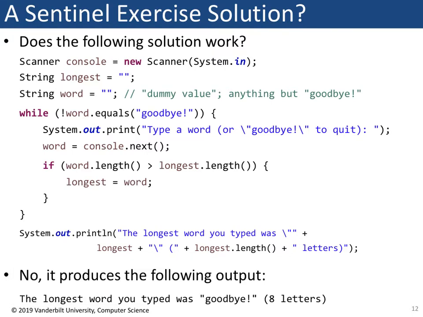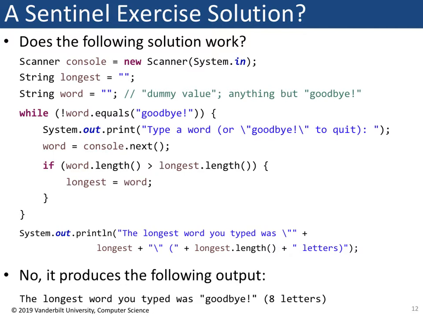It doesn't work because when they type in goodbye, it prompts for a word or goodbye right here. When the user types in the word goodbye, this word variable takes on the value goodbye followed by exclamation mark. Then we're checking to see if goodbye is longer than our longest word.